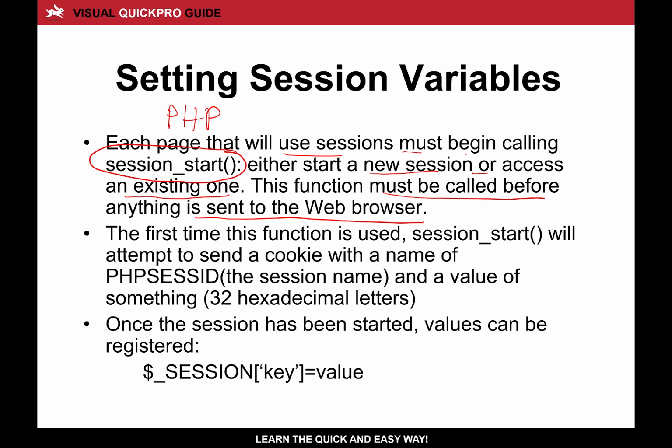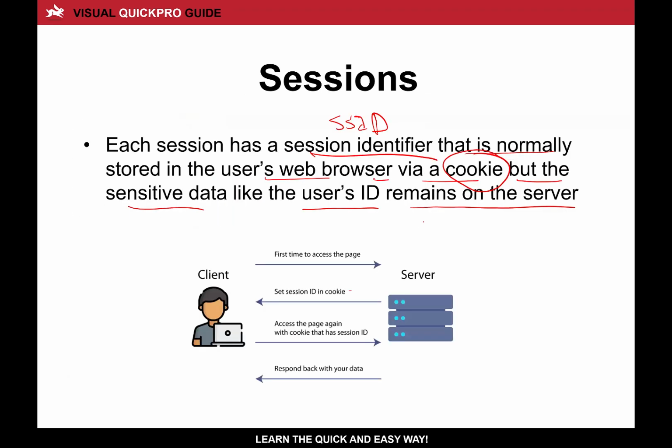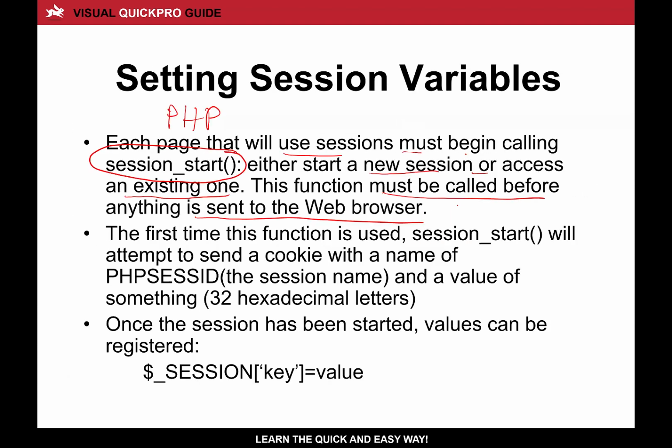Okay. So basically, suppose I go back to the diagram. The first time I'm accessing the page, there must be a call made in this page to session_start. And once that is called, a new session is started.